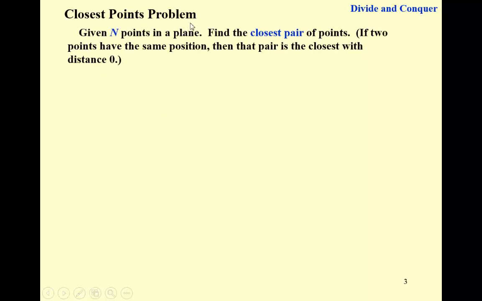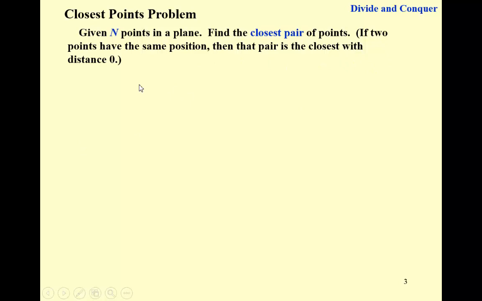The problem is, given n points in a plane, we're supposed to find the closest pair of points. If 2 points have the same position, then that pair is the closest with distance 0. So this is the trivial case. Later on, we're going to assume that all those points are placed at distinct positions.